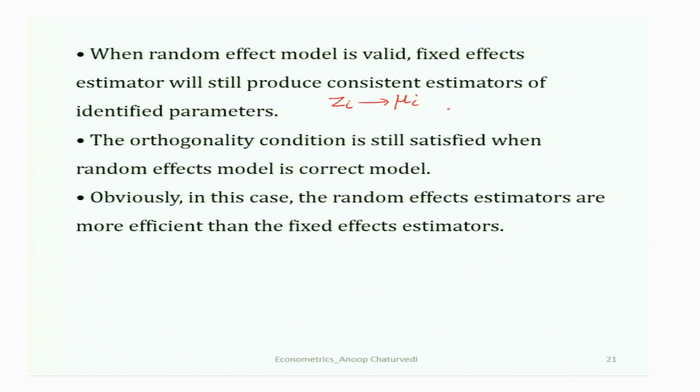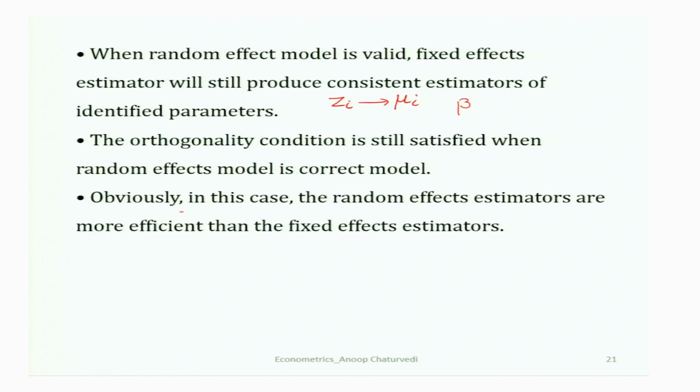So, you can still estimate beta using the fixed effect estimator. The orthogonality condition is still satisfied when the random effect model is the correct model. So, even if the random effect model is your correct model, you can still use the fixed effect estimator, and the estimator is consistent.